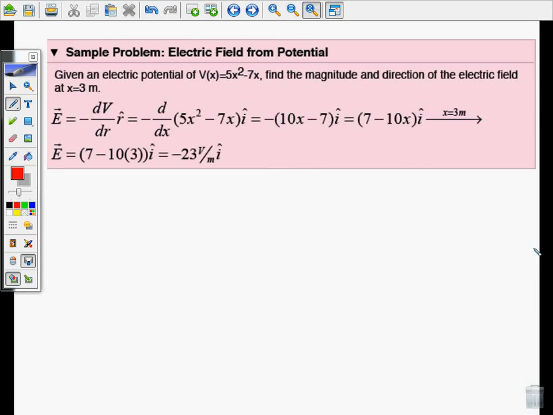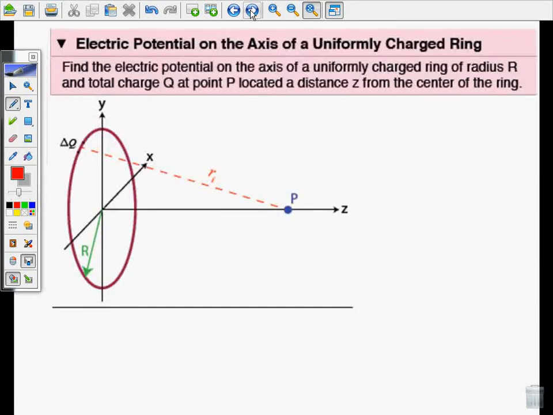Okay, so moving on. Today we're going to be looking at finding the electric potential due to more complicated structures, not just point charges. For example, you have this charged ring right there.